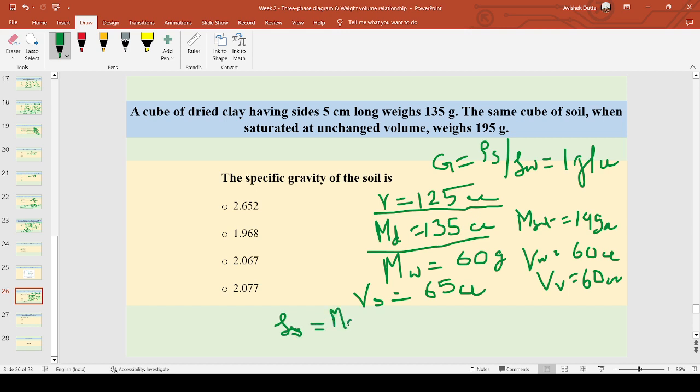Mass of dry soil divided by volume of the soil solids. Now calculate and tell me the answer. Mass of dry soil is 135 and volume of the soil solids is 65. 2.077, right? The last option, isn't it? Clear?